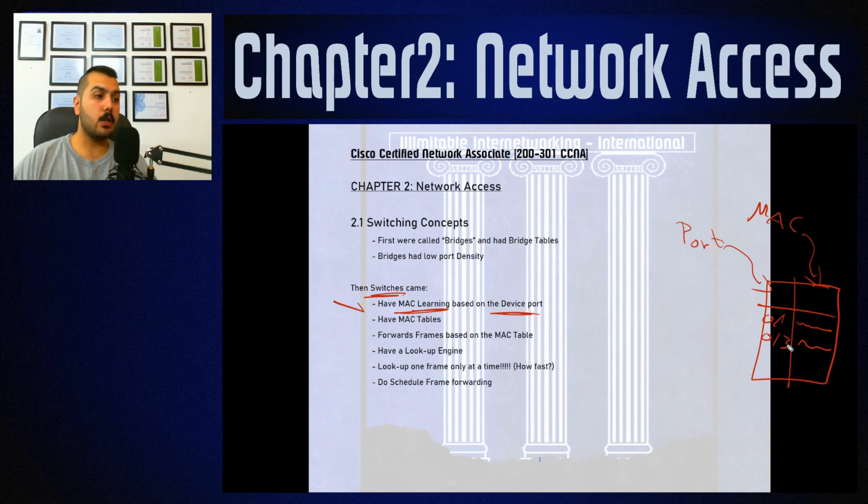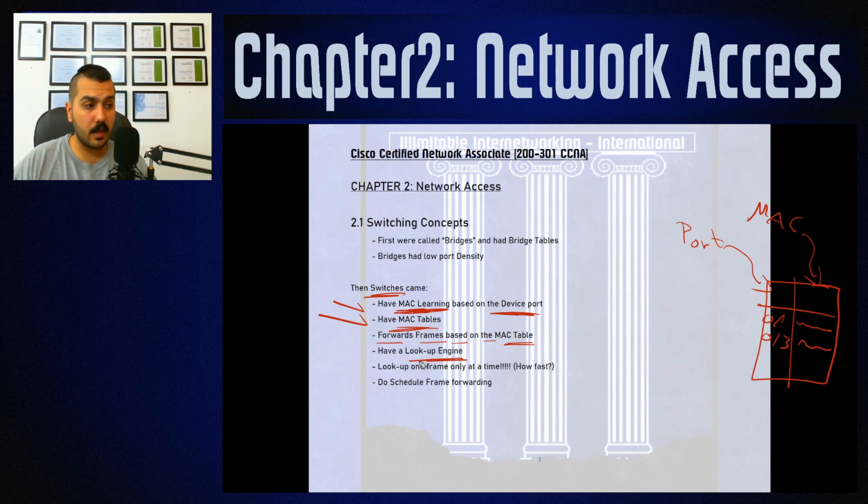So they have MAC tables. They can memorize and do MAC learning based on the device port, and the results are shown in the MAC tables. They forward frames based on the MAC table, just like we talked about in bridges.